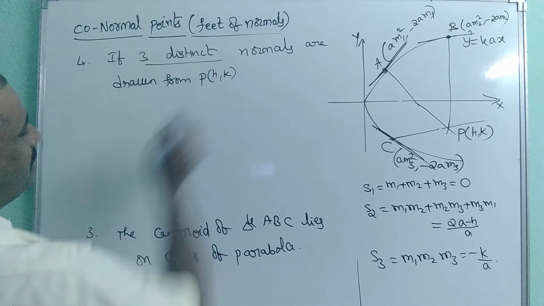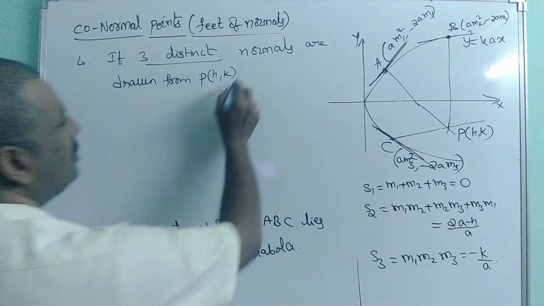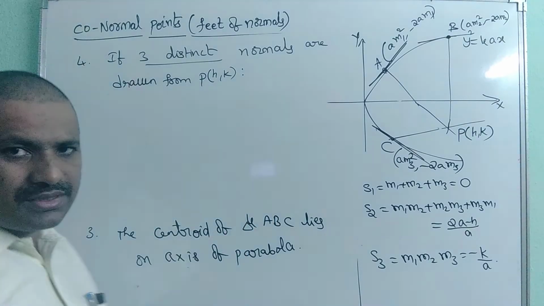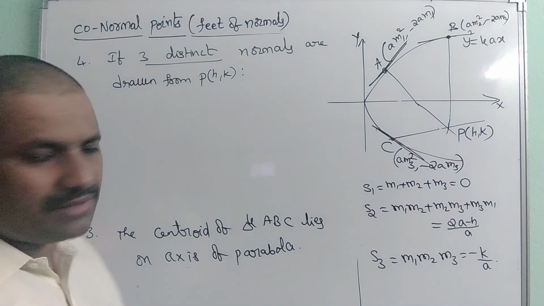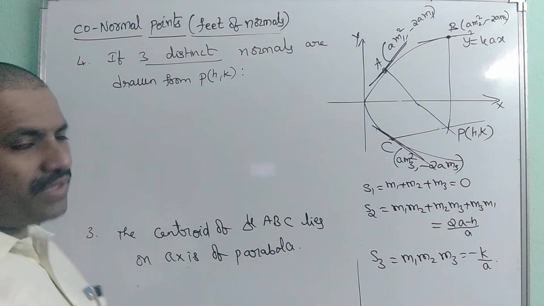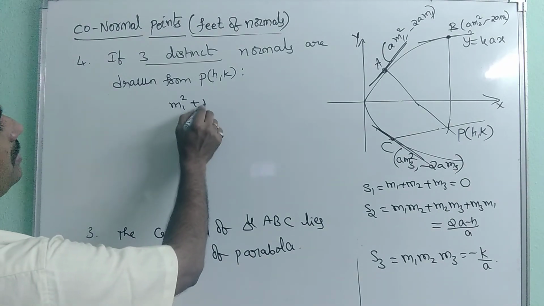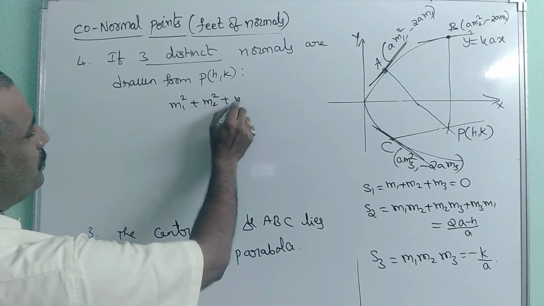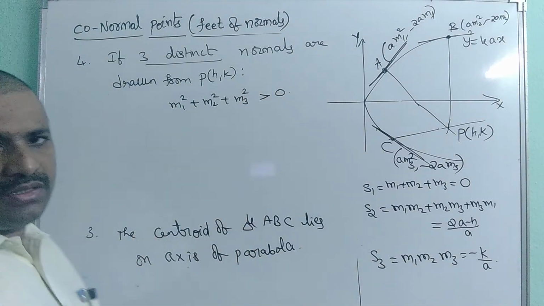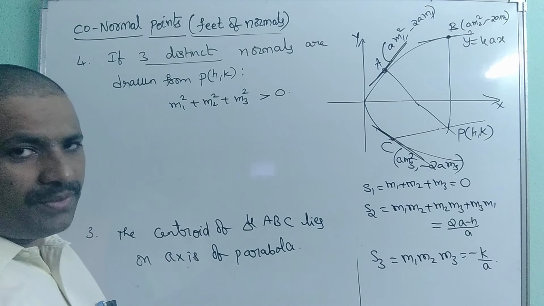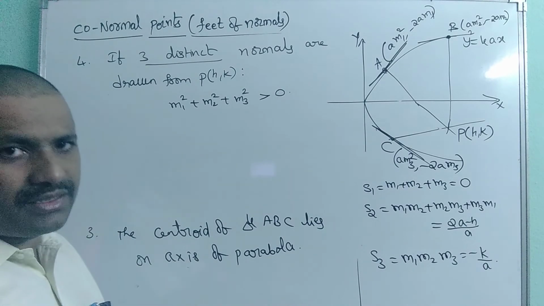Then there are three normals with slopes m1, m2, m3, which are three different numbers. Then obviously we have m1 square plus m2 square plus m3 square greater than 0. Even if m1 equals 0, the remaining two are non-zero because they are distinct numbers.